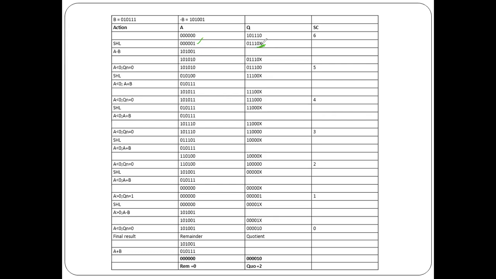So here we are leaving it blank. Based on this result, we will decide whether this particular bit is 0 or 1. First time we are shifting left. After that we are subtracting. So this is your minus B. We are adding these two and we got this result.